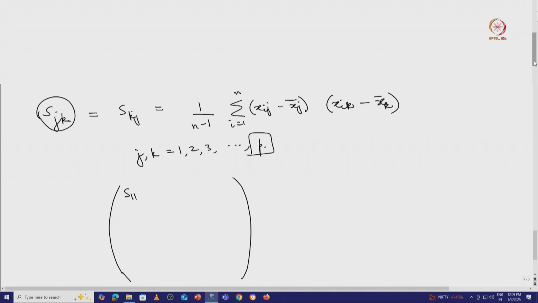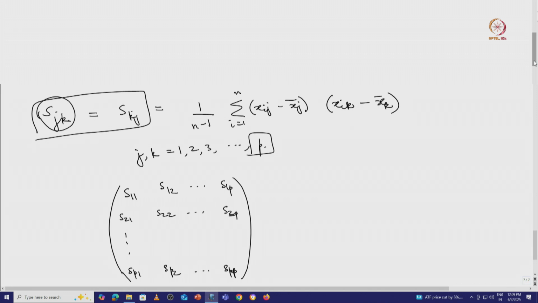So these entries will be S11, S12 up to S1p, S21, S22 up to S2p, and finally Sp1, Sp2 up to Spp. What is interesting to note is that this will be a symmetric matrix, because Sjk is equal to Skj, and the other very interesting thing to note here is that the diagonal entries are simply the variances of each random variable or each feature in your data set.